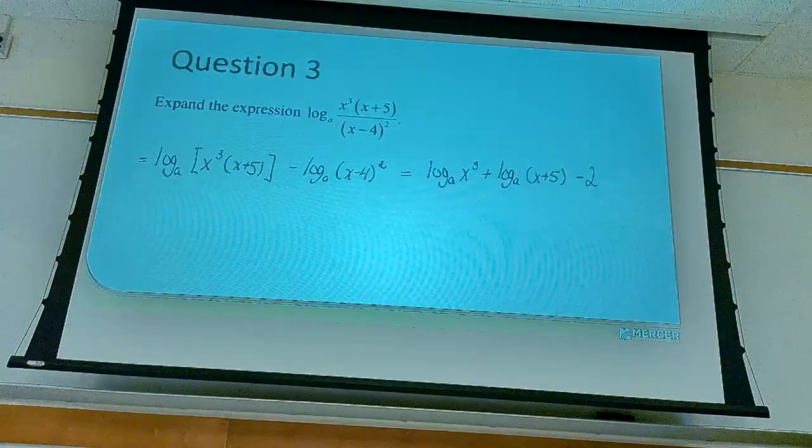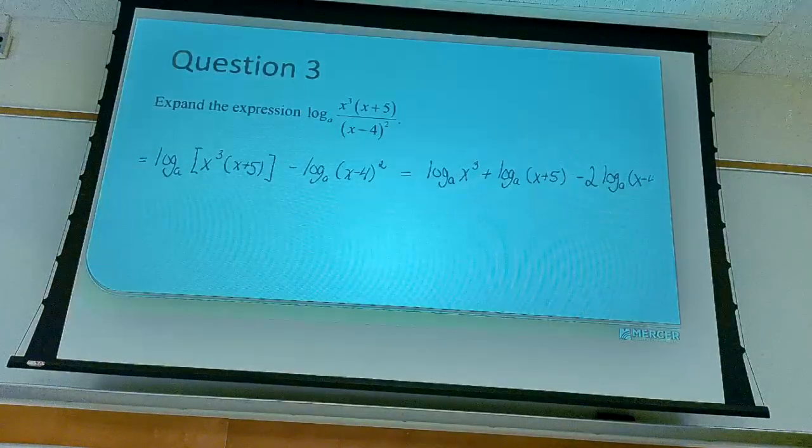Power law says you bring the power out as a scalar. And if you did it as a product, you have minus the quantity of log of x minus 4 plus log of x minus 4, right? Which is 2 times that. So you see, you're still going to get the exact same thing.